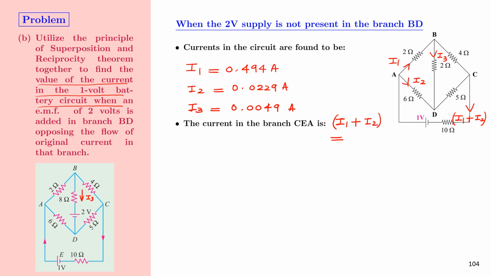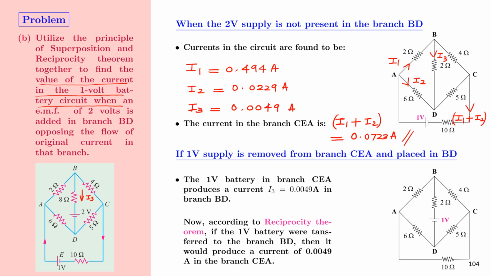Now the current in the branch CEA is I1 plus I2, and we found that as equal to 0.0723 amperes. Now let us assume that we have taken the 1 volt supply from branch CEA and placed it in BD as shown in this figure.